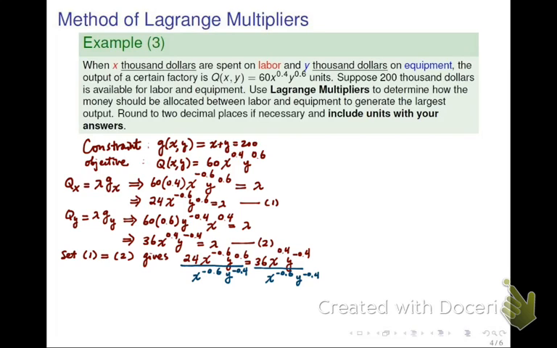This will successfully get rid of the x's on the left and the y's on the right. And we also want to clean it up a little bit more by simply dividing a factor of 12 on both sides, because both 24 and 36 have a factor of 12.